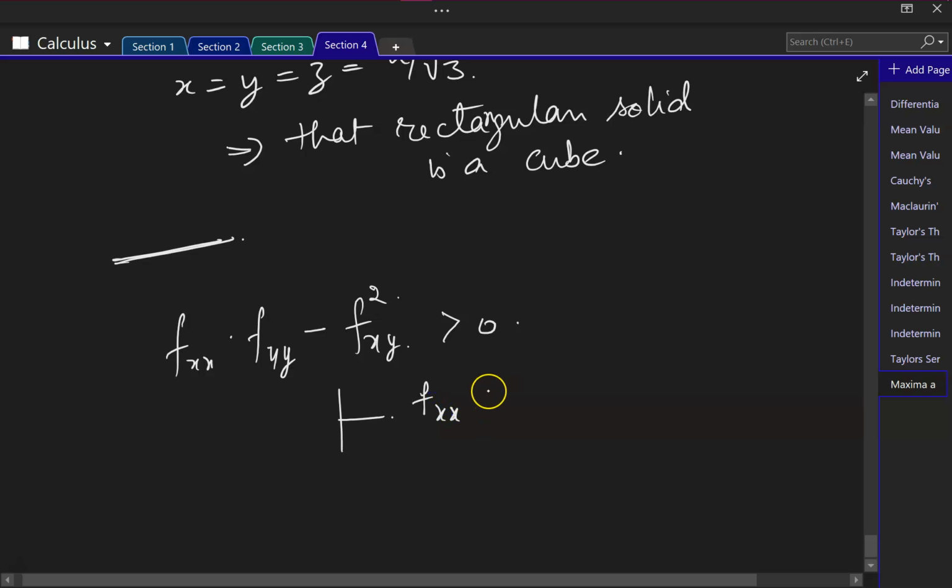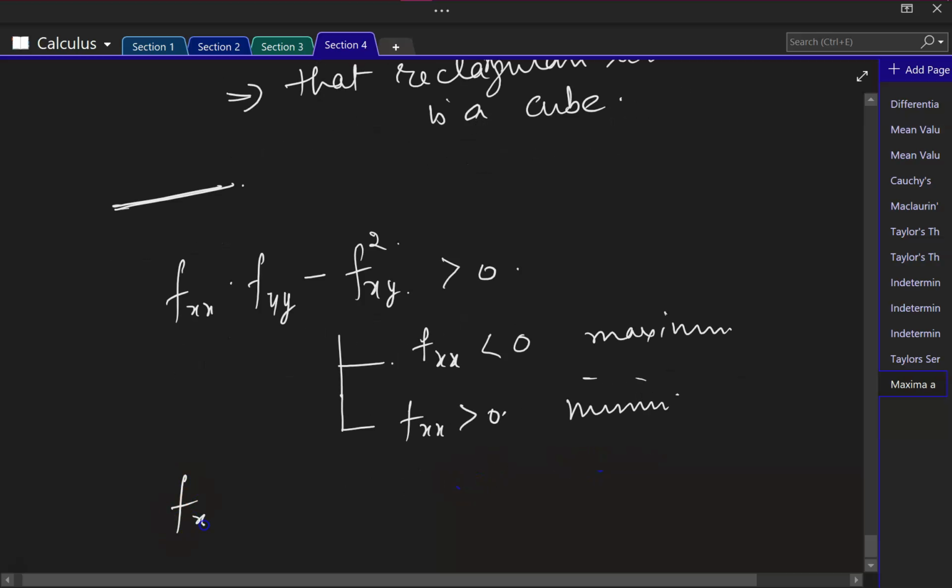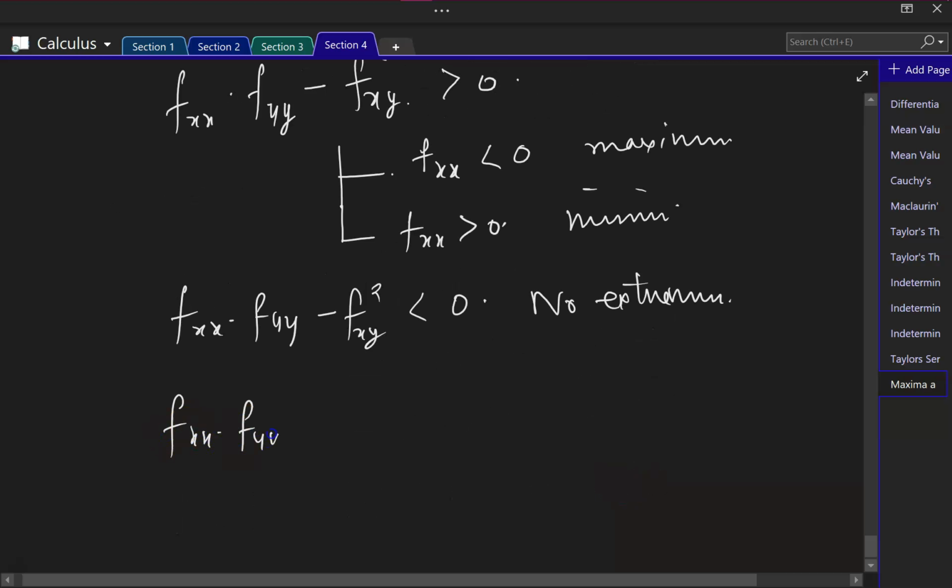If fxx is less than 0, then it is maximum. If it is greater than 0, then it is minimum. Now, if fxx fyy minus f square xy is less than 0, then no extremum. Now, if fxx fyy minus f square xy is equal to 0, further study. That means you have to do something else.